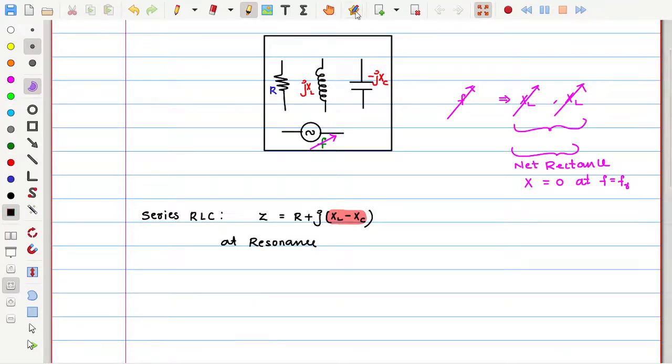So X, the total reactance, equal to XL minus XC, will become 0. As a result, the impedance will become R plus j0, which is simply R.